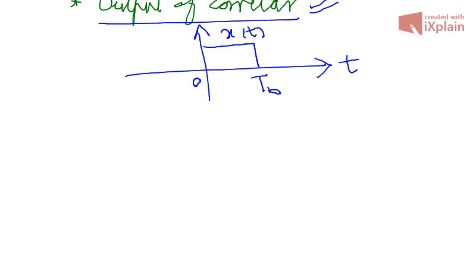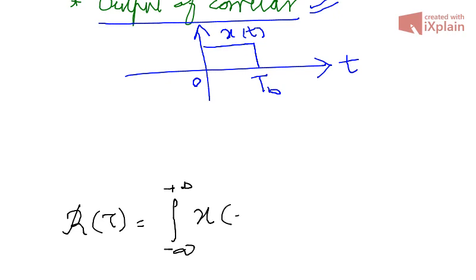As you know, we define the autocorrelation function by this expression: R of tau is the integral from minus infinity to plus infinity of x of t times x of t minus tau dt.